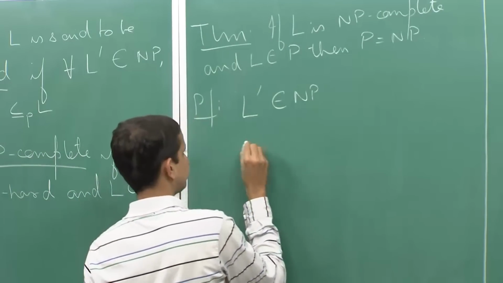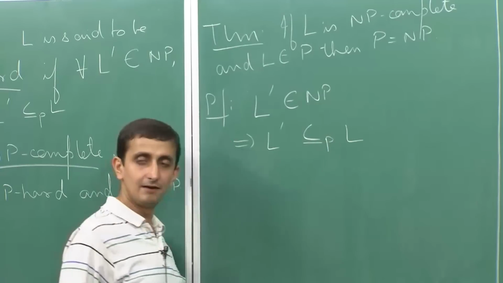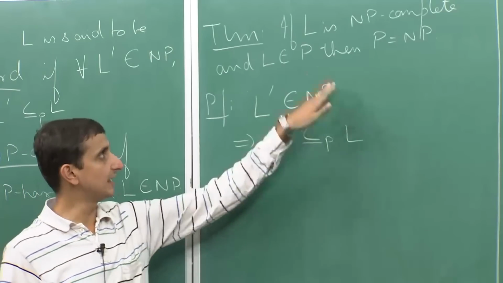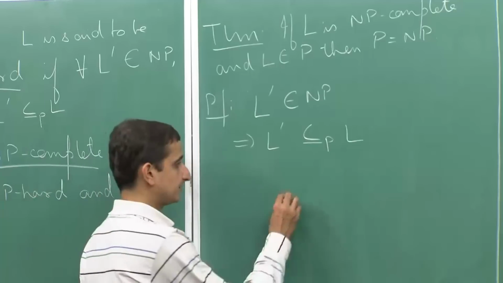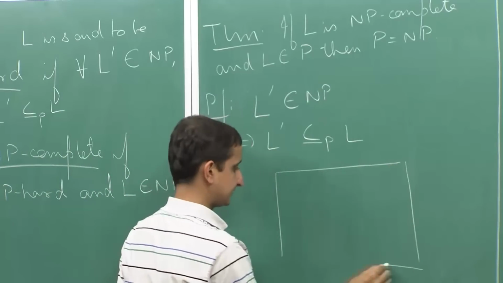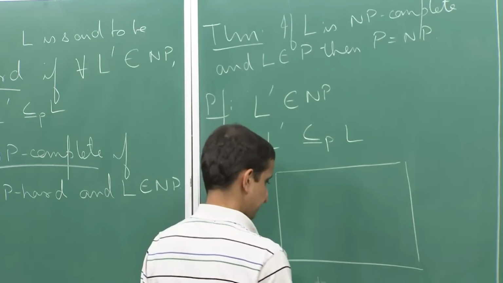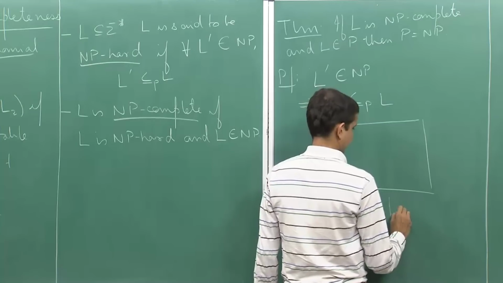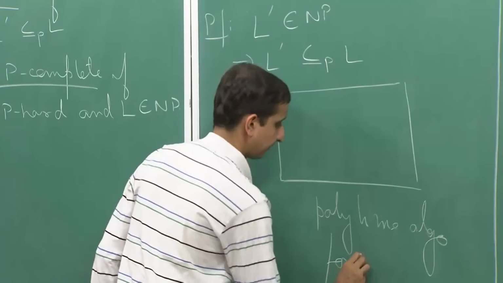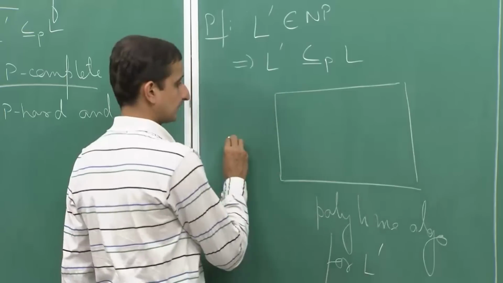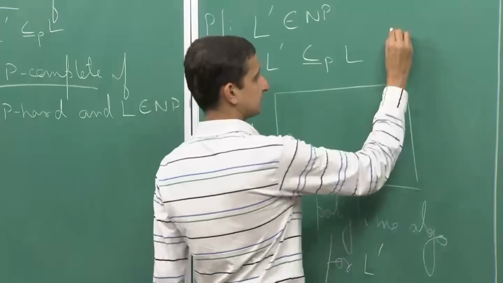So, we have that L prime reduces to L. And now, because L belongs to P, we have that L prime also belongs to P. The reason is, suppose I want to show that L prime is in P. Take a box, which is a poly-time algorithm for L. Given an input x, look at this reduction, which is via some function f.